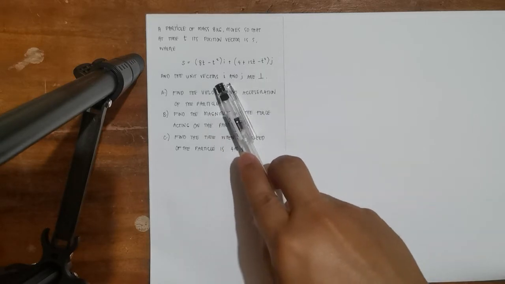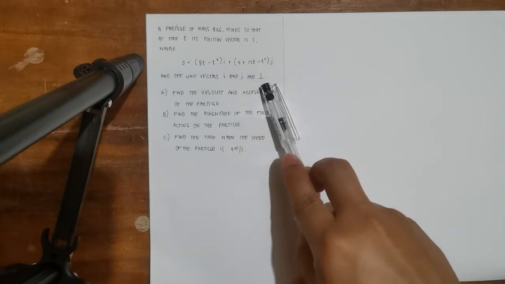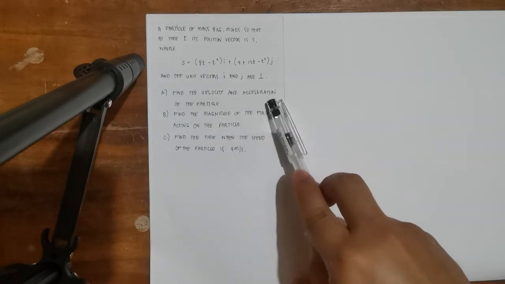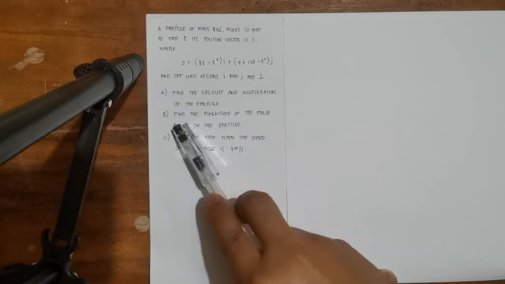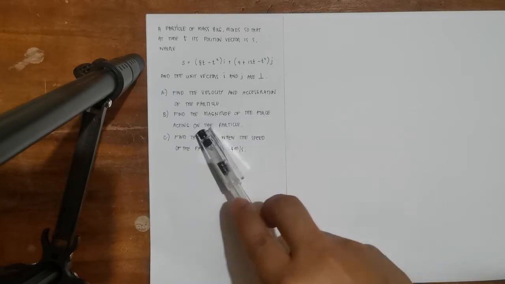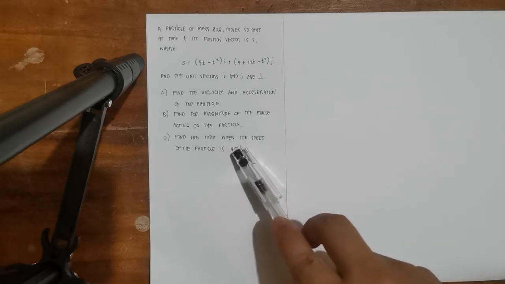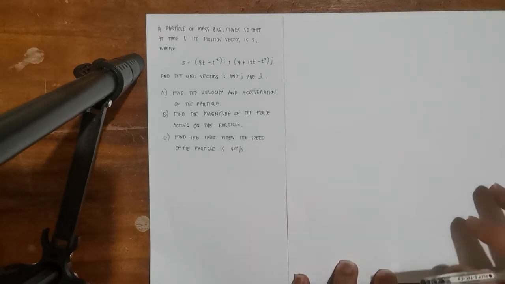And the unit vectors i and j are perpendicular. So we have to find the velocity and acceleration of the particle, find the magnitude of the force acting on the particle, and the time when the speed of the particle is 4 meters per second.